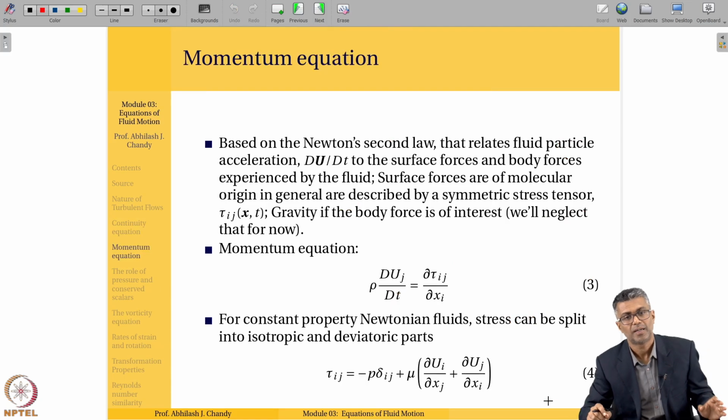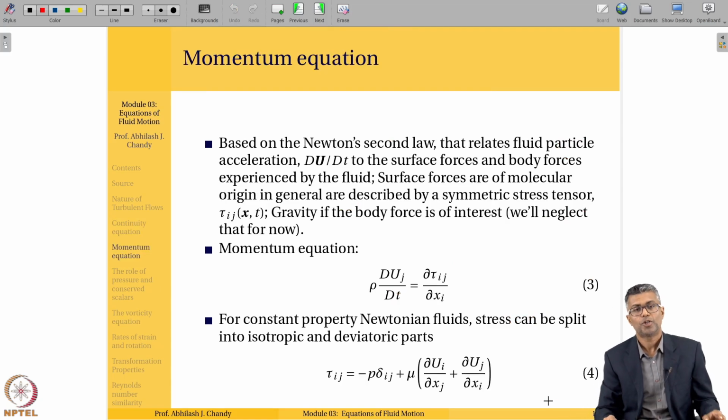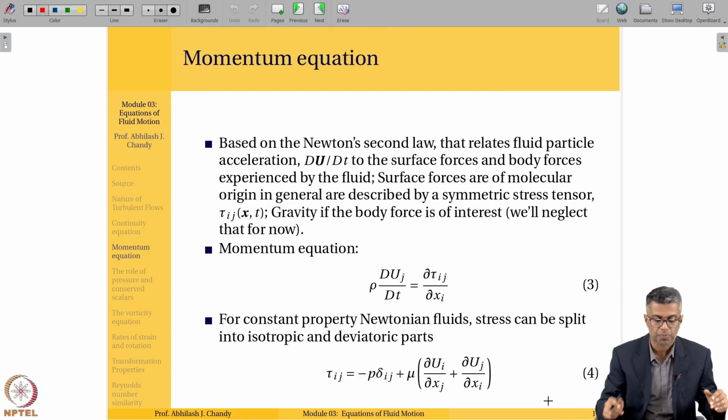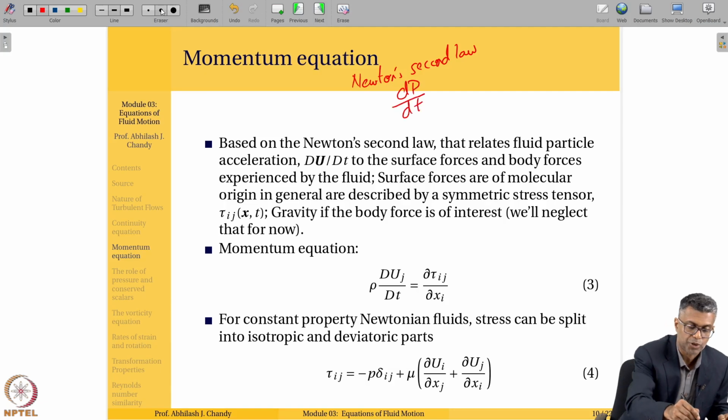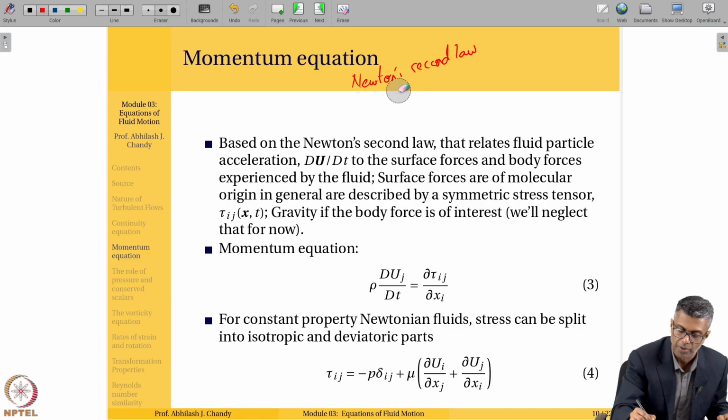Now let's deal with the momentum equation. The momentum equation comes from first principles, the rate of change of momentum. So Newton's second law, isn't it? Newton's second law: rate of change of momentum. I should actually call it the total rate of change of linear momentum.